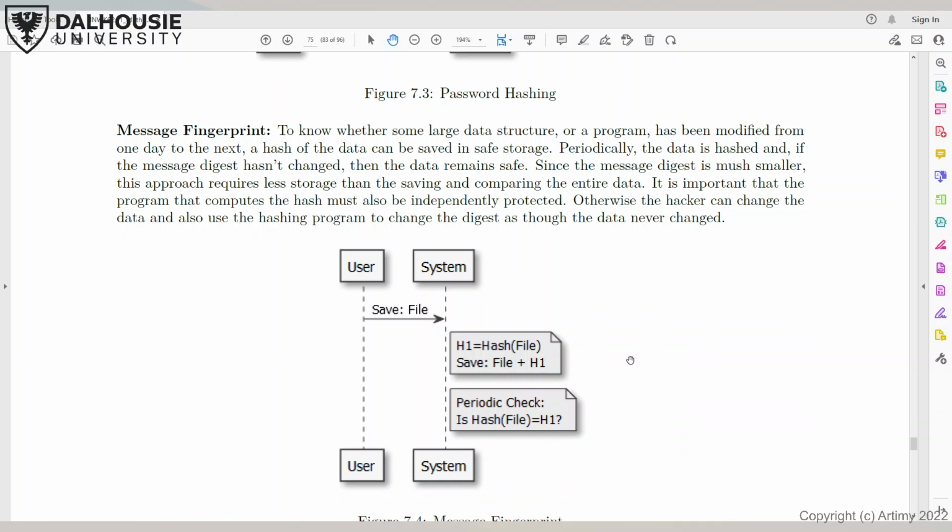Okay, and another application is what we call the message fingerprint. This is really useful if I want to make sure that files I store in a file system are not changed while I'm not looking or I'm not aware. So let's say I'm saving a backup for the configuration of a router, right?